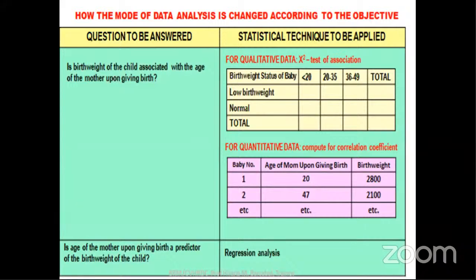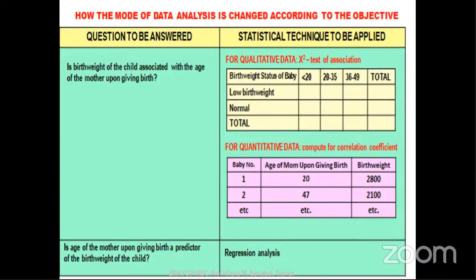Now, we go further. For example, you have another objective to answer. Is the age of the mother upon giving birth a predictor of the birth weight of the child? Now, this time, you talk about a predictor variable.